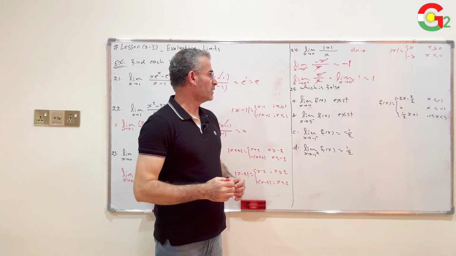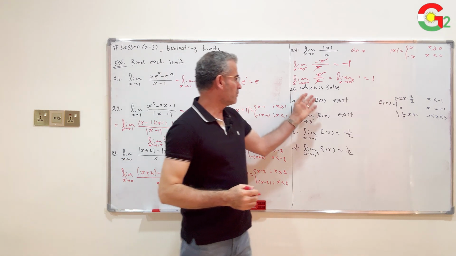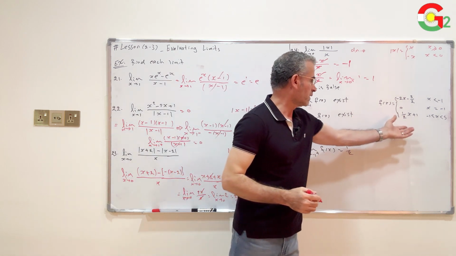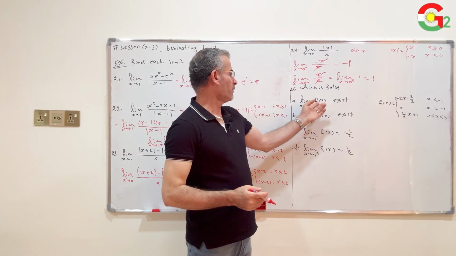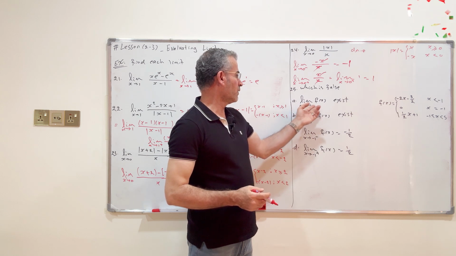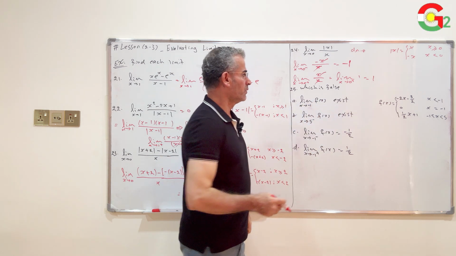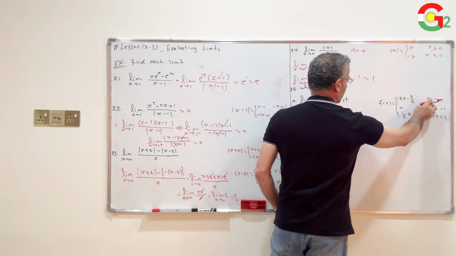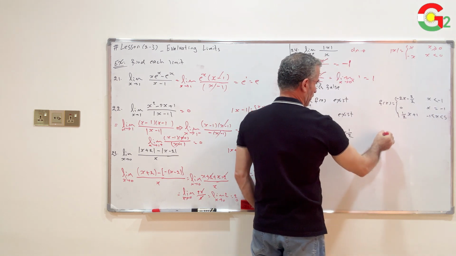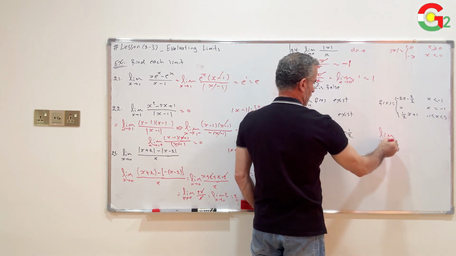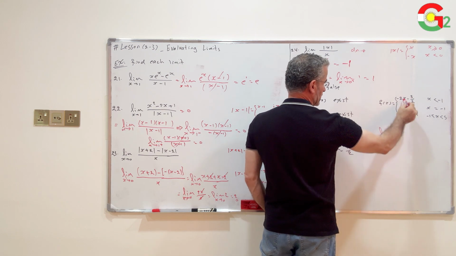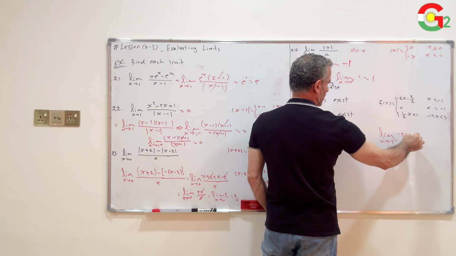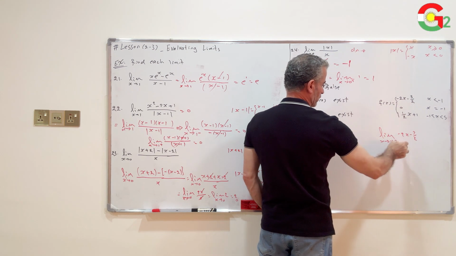Question number 25. Which statement is false for this function? Limit f of x when x approaches negative 1 exists. When x approaches negative 1 from left, I substitute in this segment negative 2x minus 3 over 2.